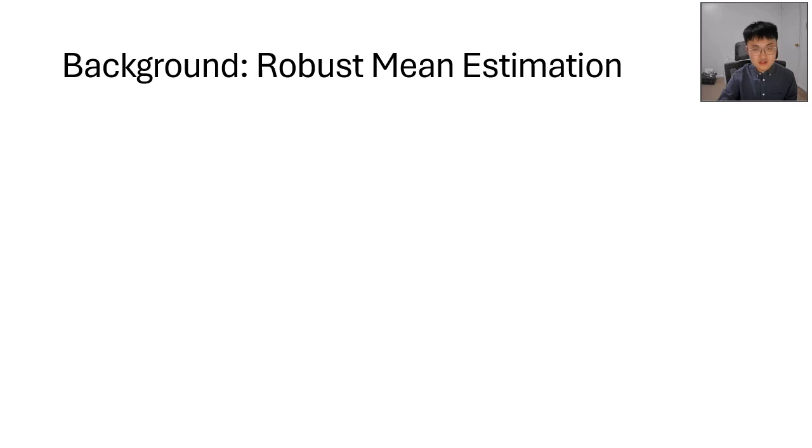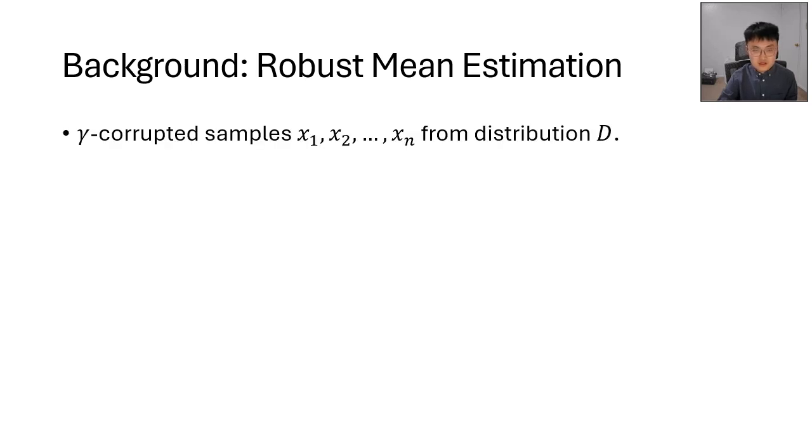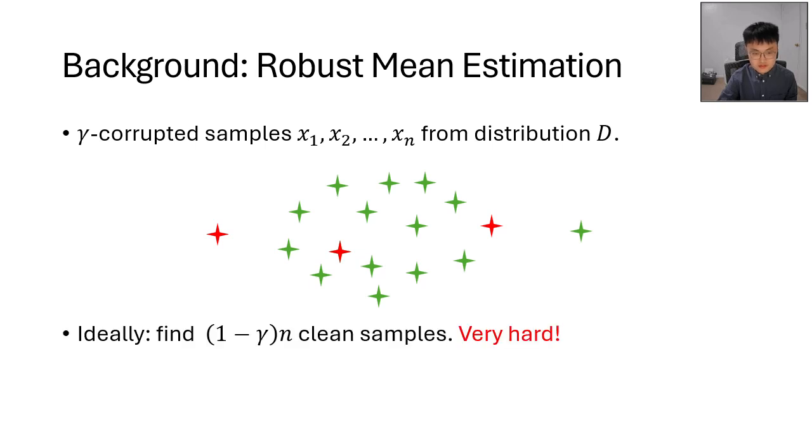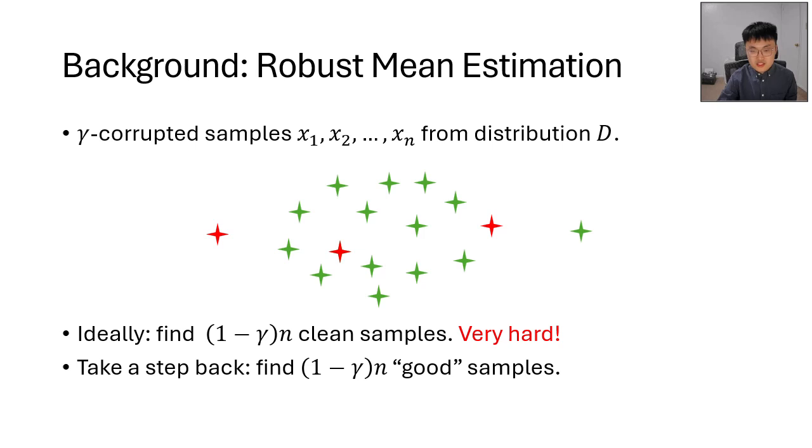So how should we robustly estimate the mean? We get gamma corrupted samples from an unknown distribution D, and as an example here, we have some set of good samples and maybe bad samples. Ideally, we want to throw away all the bad ones, which are the red points, and only keep the green ones. But this is not possible. So we take a step back.